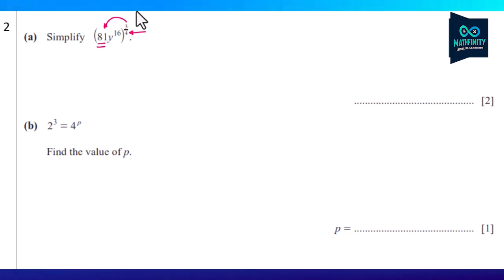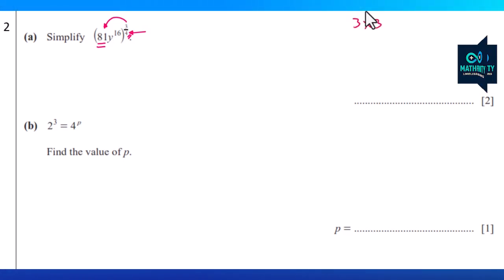This is the hint to think properly what number, 4 times, will give you 81. Like 3 times 3 times 3 times 3 gives us 81. If you concentrate on the outside denominator, you will get the idea.